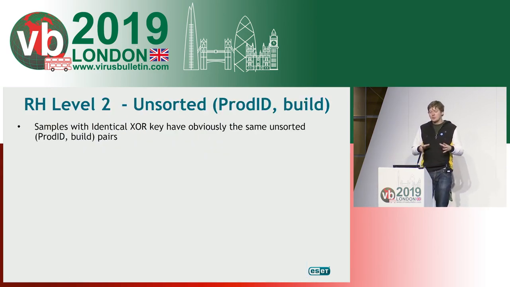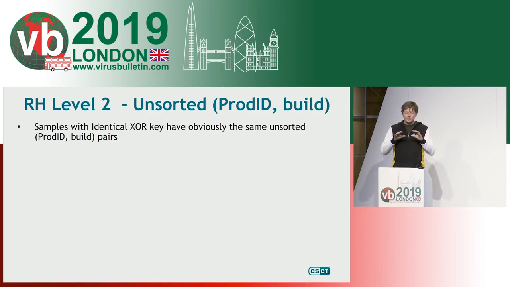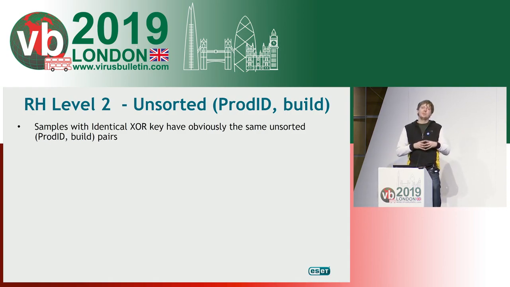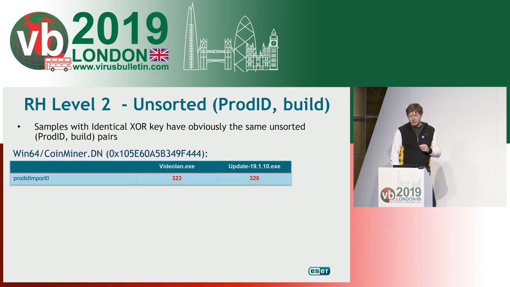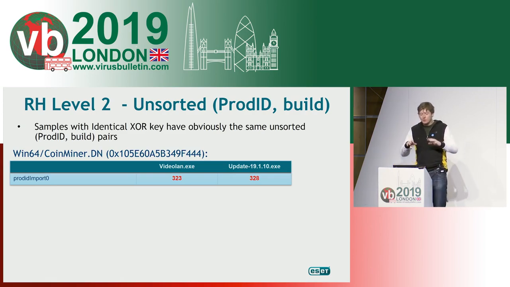The next level, an unsorted pair of product ID plus build number. This strictly generalizes the previous one, and we found that CoinMiner is never a small project. It is a large project, but we found out that sometimes the number of imports varied. So obviously the previous two similarities couldn't cluster this into one group.